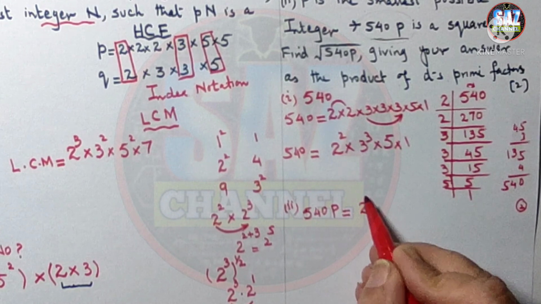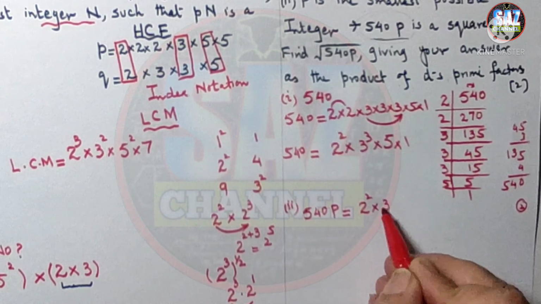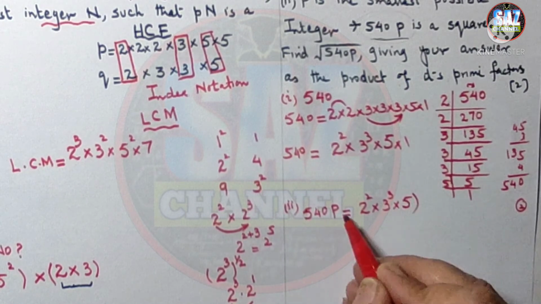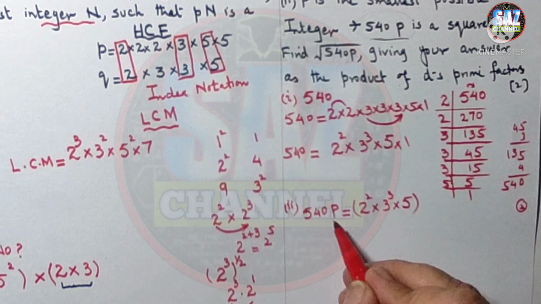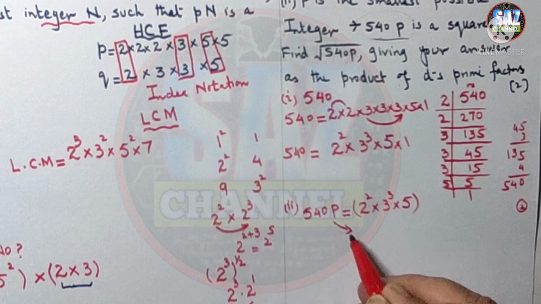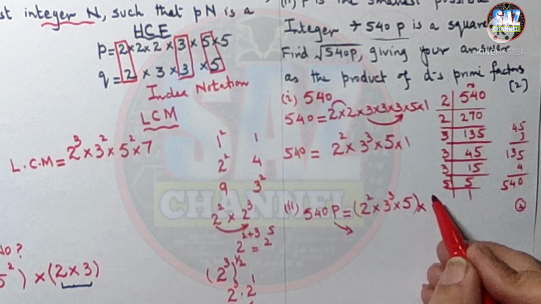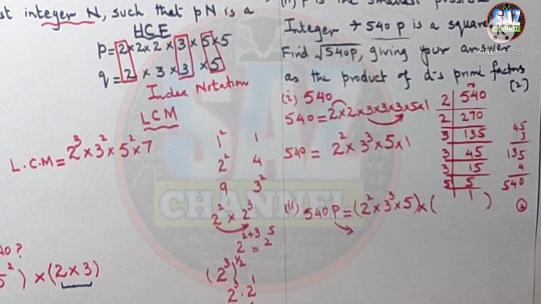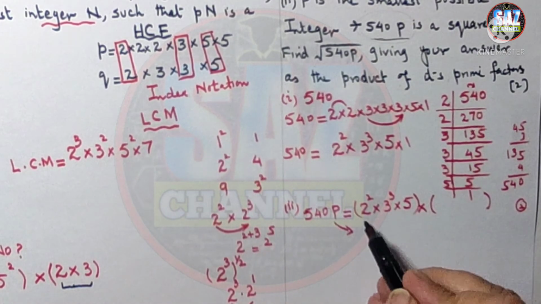So again, 2 square multiplied by 3 cube multiplied by 5, and now we have to think about the value of p, that is, what number will make this 540 a perfect square. If we look at the powers of 2, they are already coming in the form of pairs.